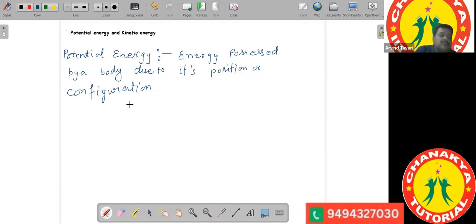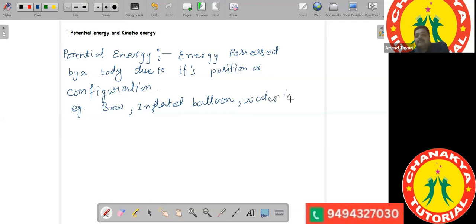We observe potential energy when it is able to do some amount of work. So we observe potential energy in the case of a bow and arrow, for example a bow, an inflated balloon, water in a tank. All the examples which have been given possess potential energy.